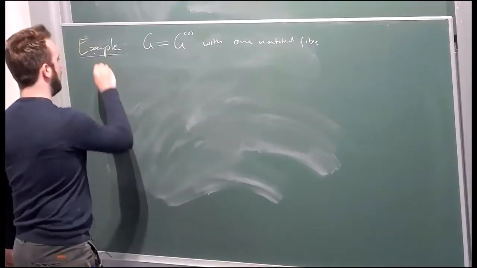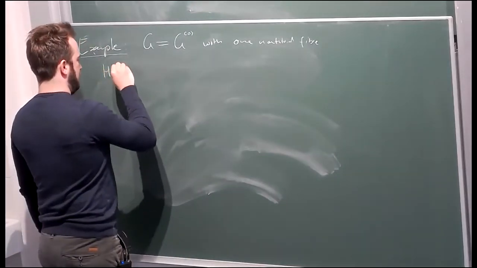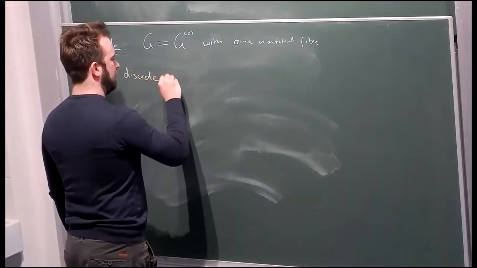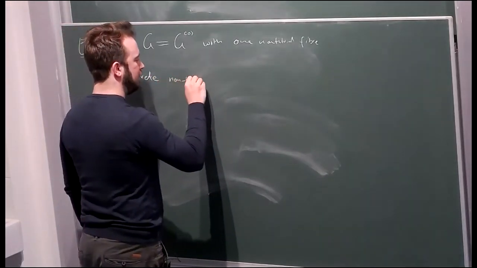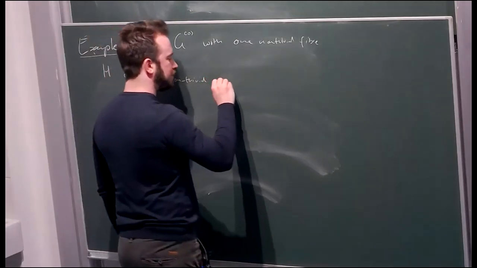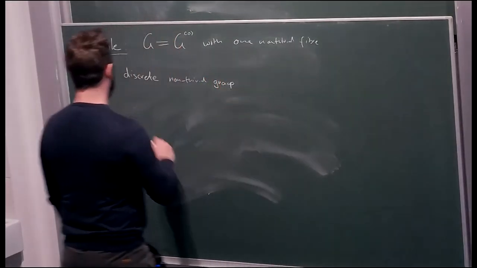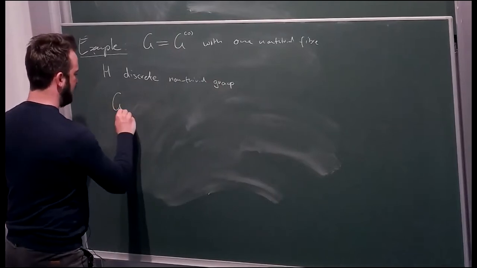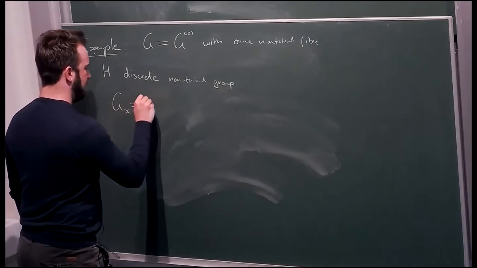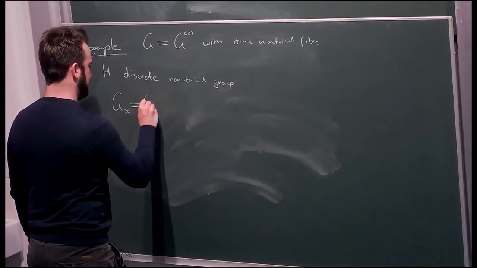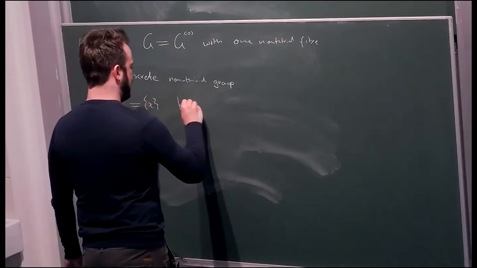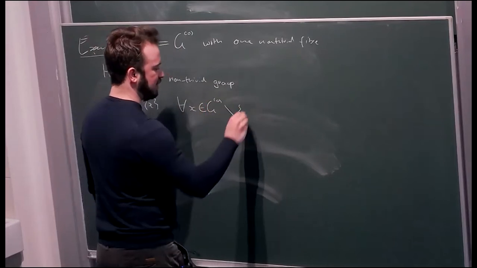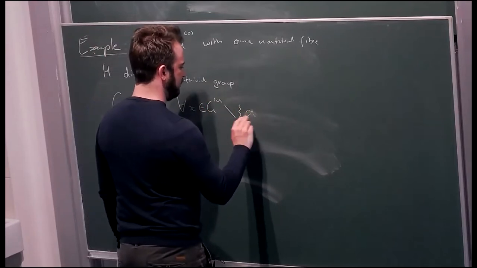So then I'll let H be a discrete, non-trivial group. And then G will have trivial fiber everywhere, just this point X for all X in G0, apart from a special one, which I'll call just star.